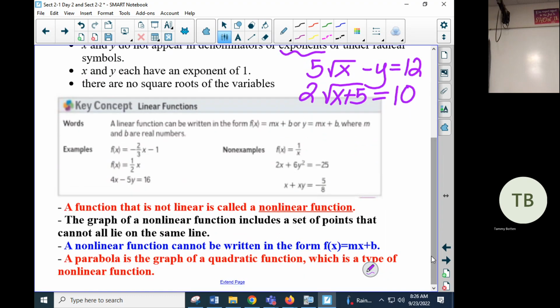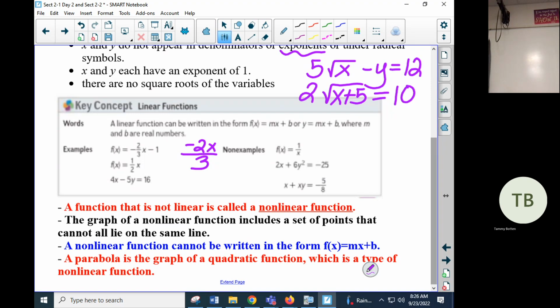So if you look here, these are all examples of linear functions. Here, the x is just to the power 1, so that's good. Same here. You can have a fraction before your x, and this would be fine because what's on the bottom of the denominator is a number. It's not a variable.